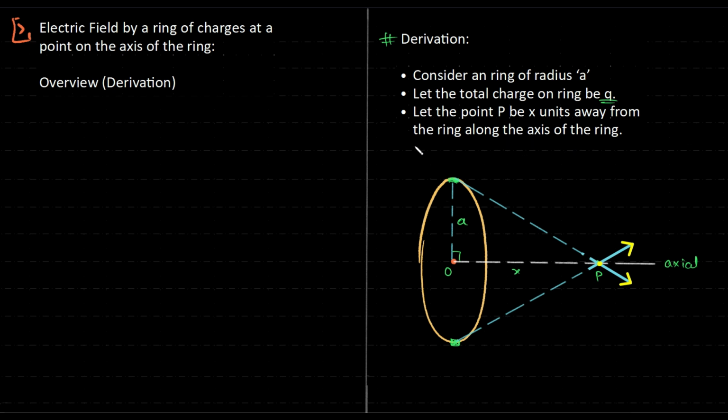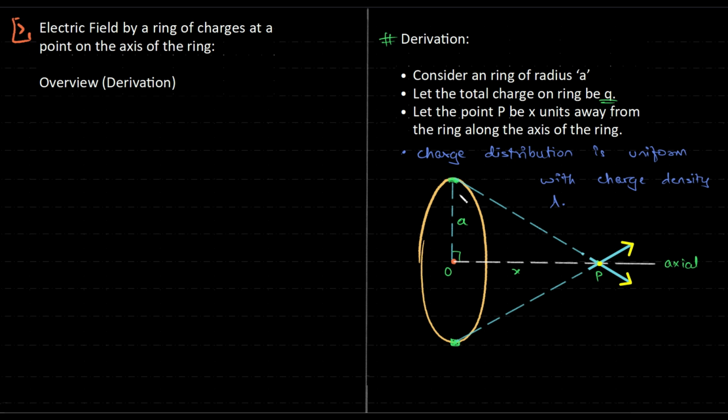And also the charge distribution is uniform with charge density lambda.